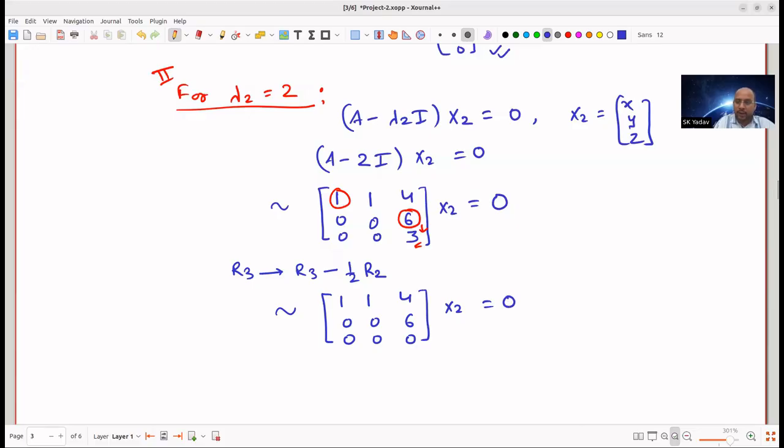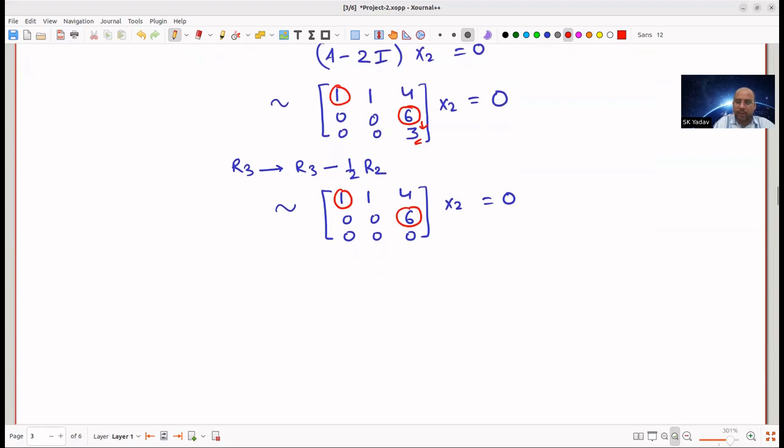So this is clearly in echelon form because the 0 row is at the bottom and the leading element in the rows is to the right of the leading element in the previous row. So by using this, we can now write x, y, z in place of x2. So I can write x, y, z as it is in REF form, and the 0 matrix can be the 0 vector now.